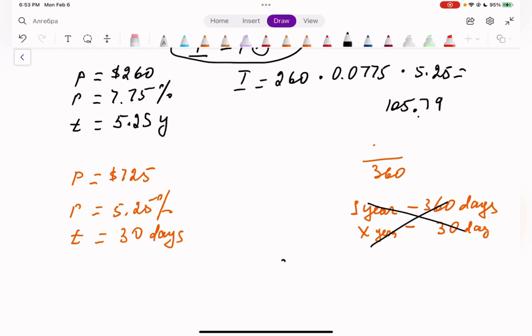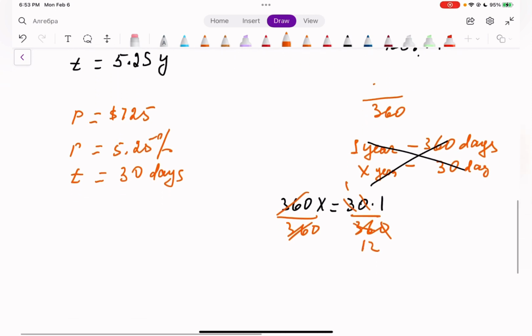So 360 X is equal to 30 times 1, or 30. From here, I'm dividing by 360, right? This 0 is cancelled with this 0. 3 and 36, I can reduce by 3. Divide by 3. This is 1, this is 12. Correct?